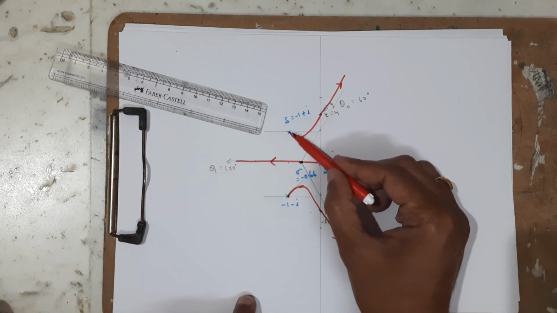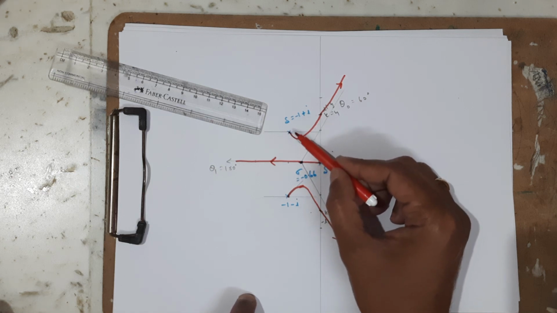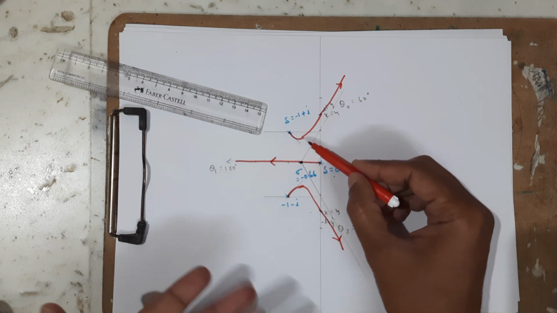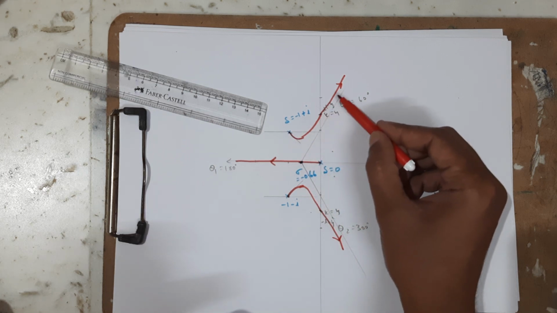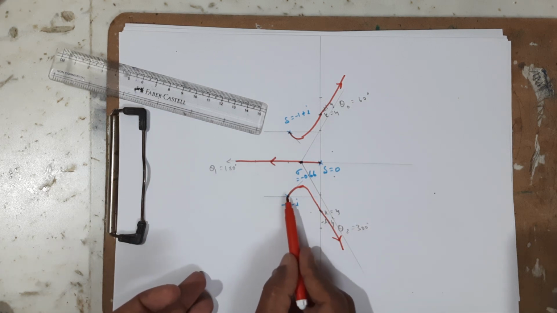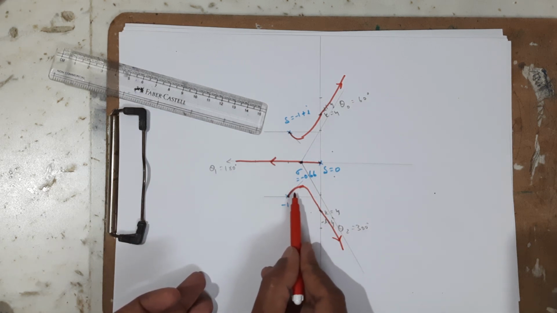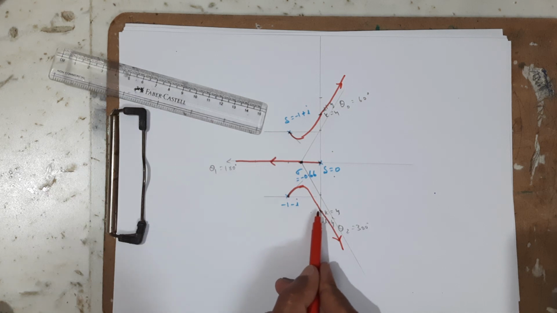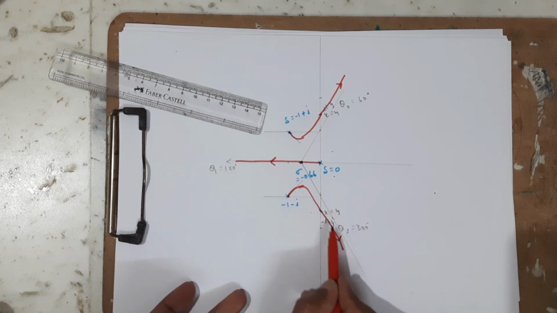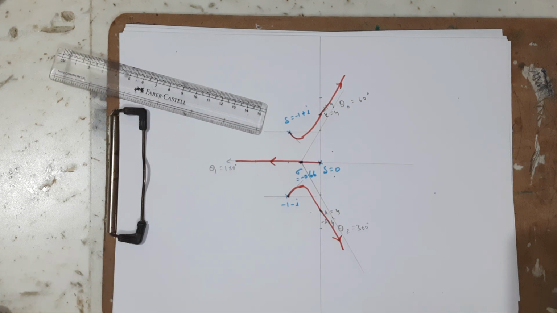Another branch starts from minus 1 plus j. Initially it follows the angle of departure, minus 45, then it follows theta 0. Here from minus 1 minus j, it follows the angle of departure and intersects the imaginary axis when K is equal to 4, and it follows the asymptote. So this is the root locus for this given problem.